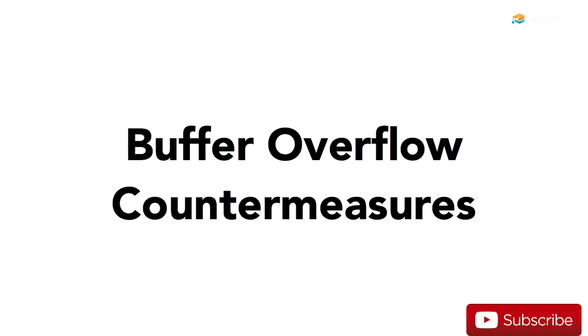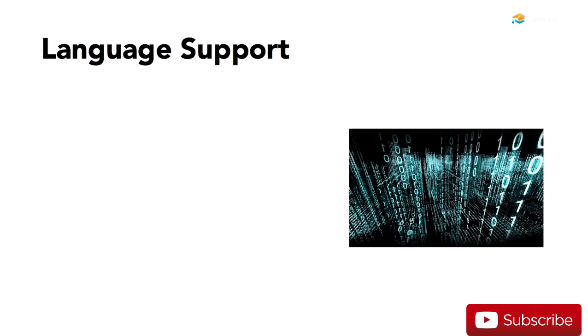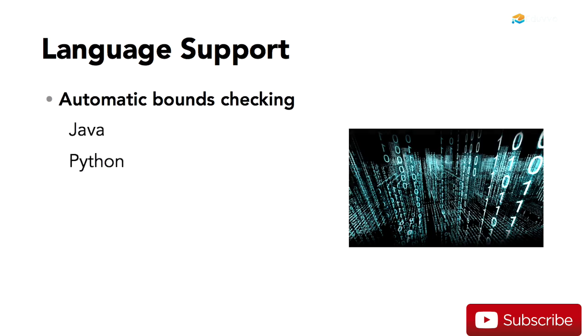Buffer overflow attacks are common, and therefore there exist relatively well-developed countermeasures against them. The first option is to use a programming language that supports automatic bounds checking of buffers. These languages include Java and Python.